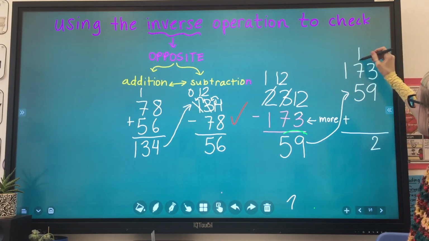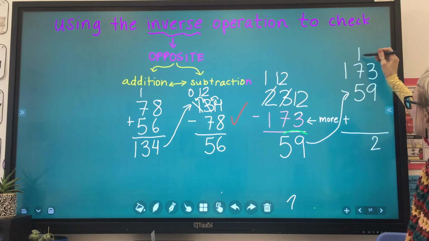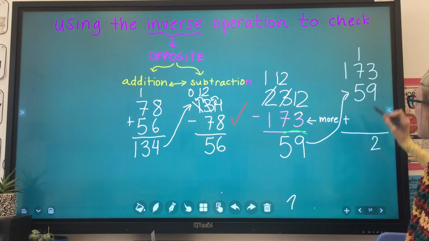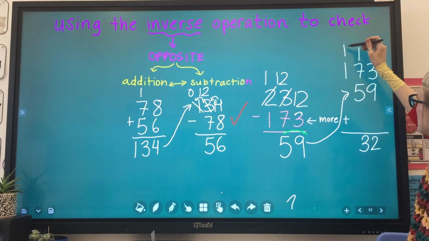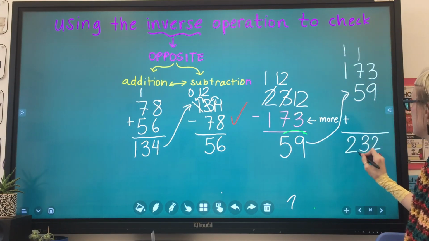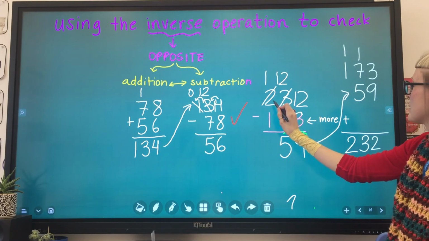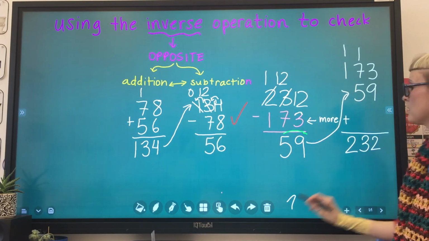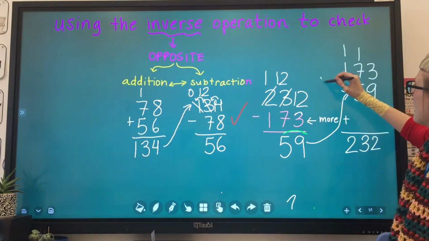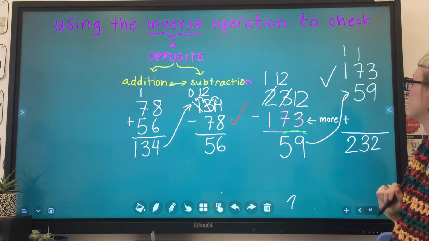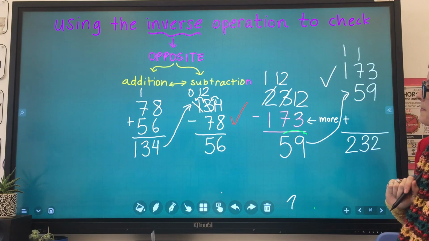I'm going to bring my 10 up here. 7 plus 5, plus 1 is 13. I'm going to take my 10 tens up here. 200s. Okay? 232. So this time, I have got the correct answer.